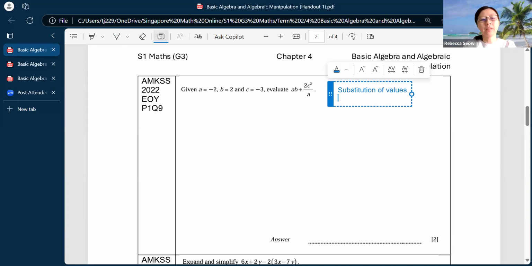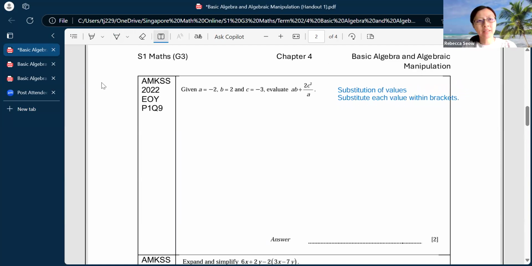So when we do substitution of values, the safest way to do so is to substitute each value within brackets. Allow me to explain more about this.